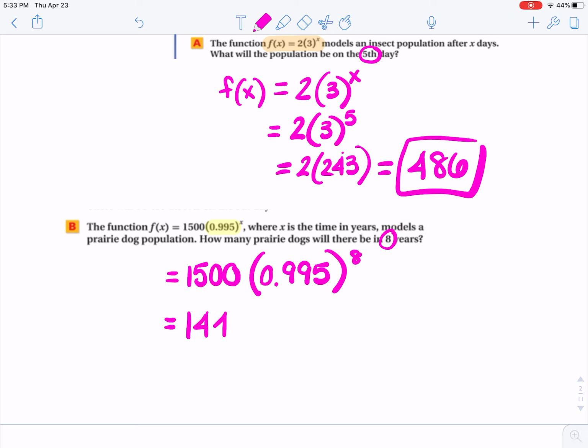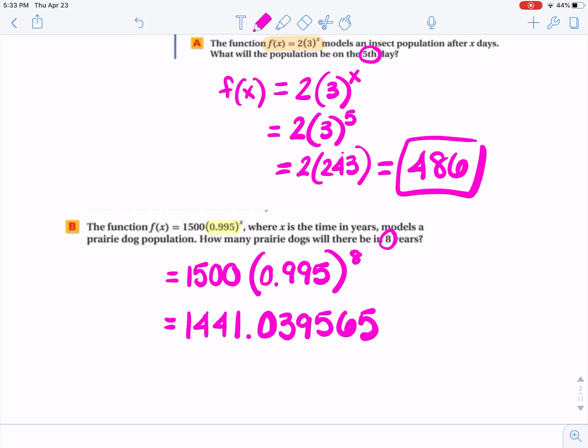Now, when we are talking about people, dogs, insects, whatever the case may be. Actually, hold on. I'll write this all in there the way that it shows up in the calculator. We have to do some rounding.